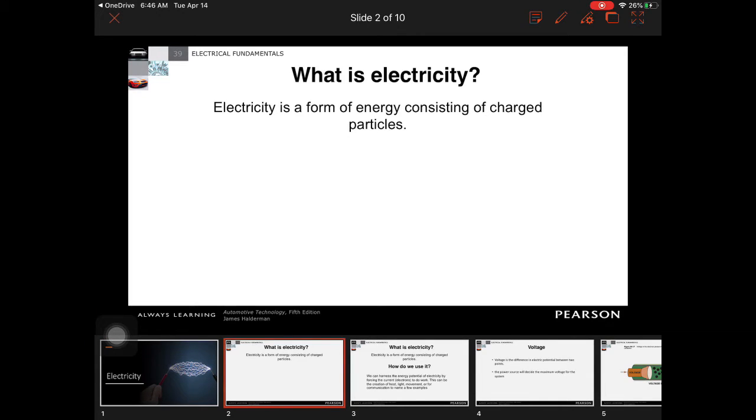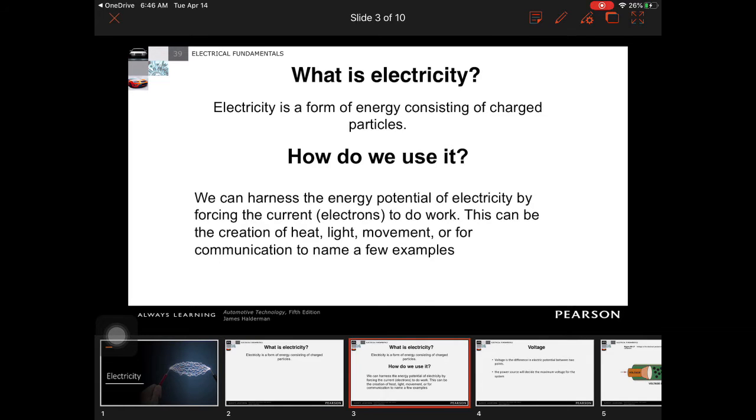So what is electricity? Electricity is a form of energy consisting of charged particles. But how do we actually use it? We can harness the energy potential of electricity by forcing the current or the electrons to do work.